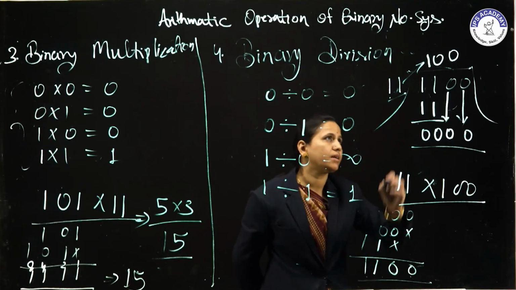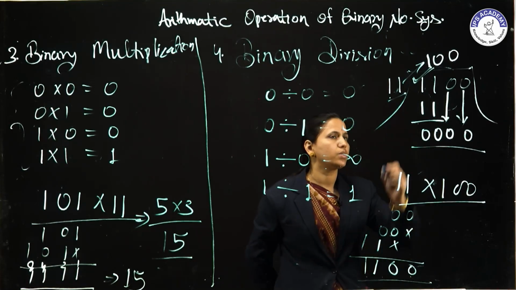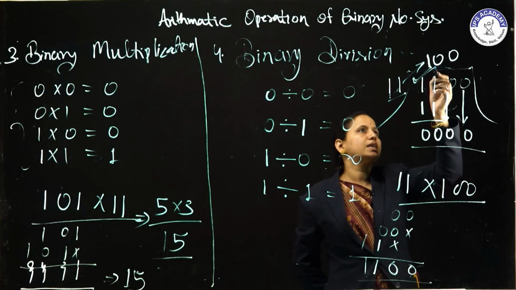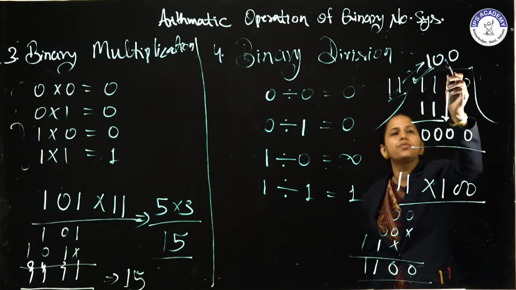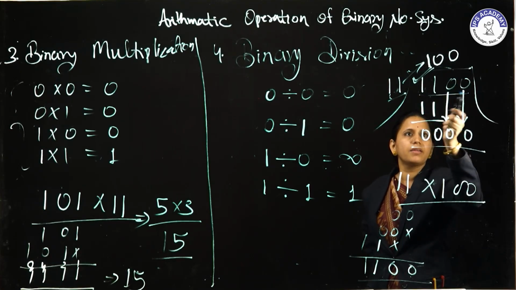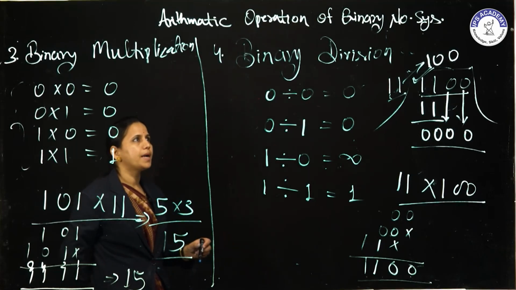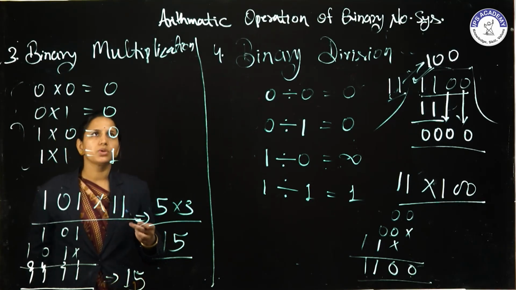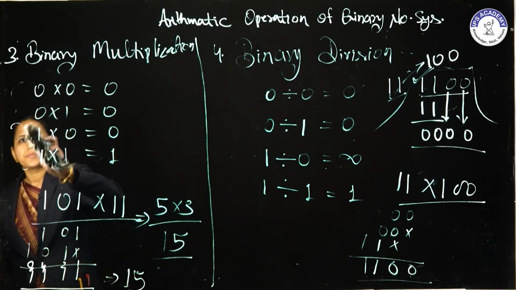Here we have 1100, and in this particular case we also have 1100. That means 11 indicates 3 in decimal and 100 indicates 4 in decimal. So 3 into 4 will be 12, and here we have 12. So these are the 4 binary operations: binary subtraction, binary addition, binary multiplication, and binary division.